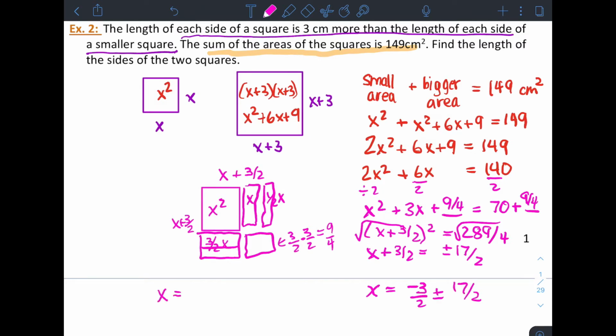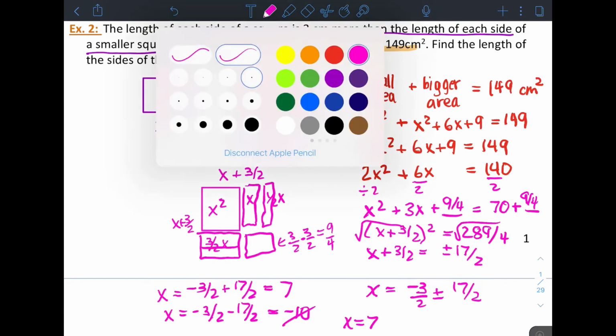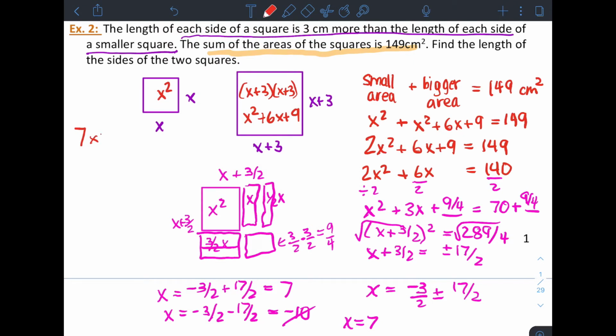If you do x equals negative 3 halves plus 17 over 2, you get 7. And if you do the subtraction one, you get negative 10. Now in the context of our situation, we can't have a side length of a square that's negative 10, so only 7 is going to work. It asks the lengths of the sides of the two squares, so we have a 7 by 7 and a 10 by 10 centimeter square.